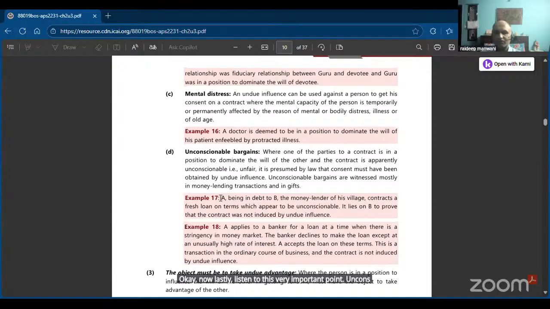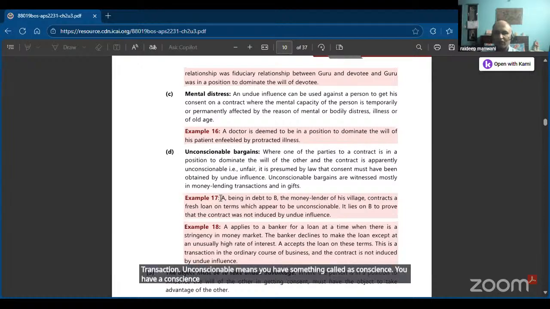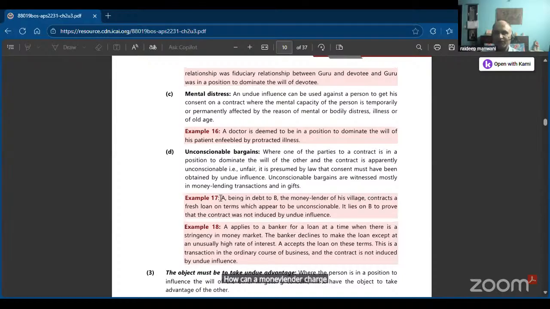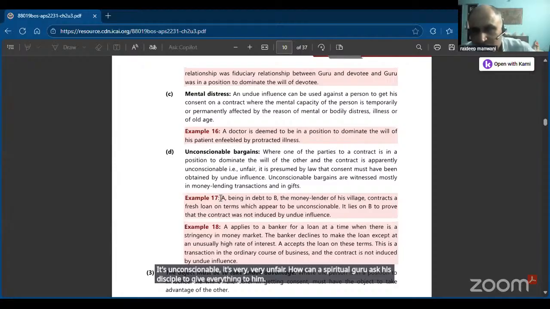Unconscionable transaction. Unconscionable means you have something called conscience. Now, unconscionable means when you're entering into a contract of undue influence, it shakes your conscience. How can a money lender charge 100% interest to a poor lady? It's unconscionable. It's very, very unfair. How can a spiritual guru ask his disciple to give everything to him and go on the road?